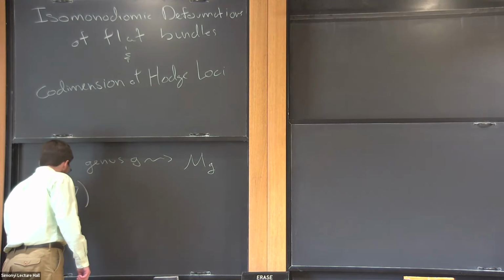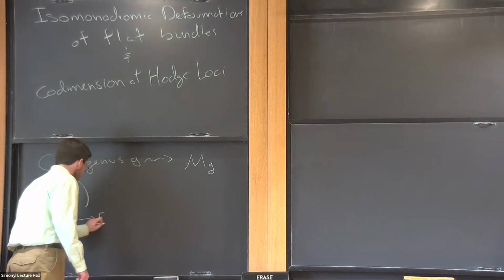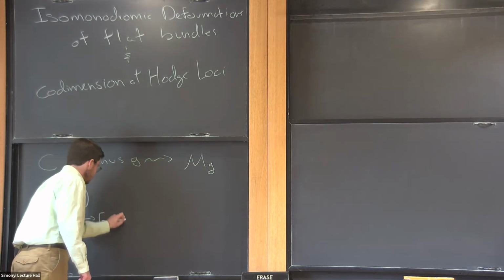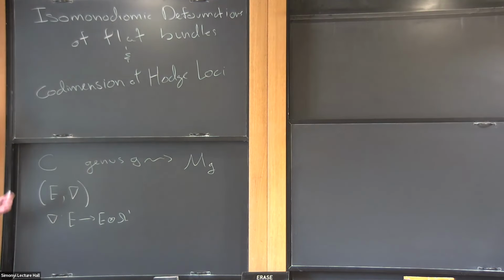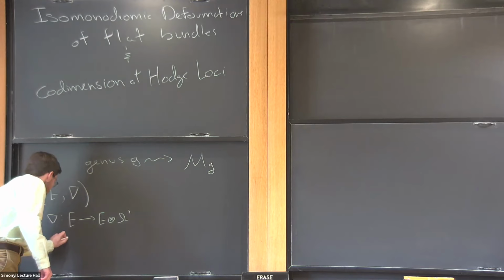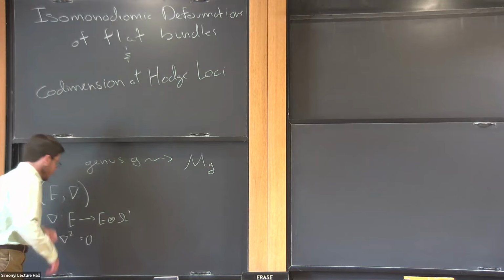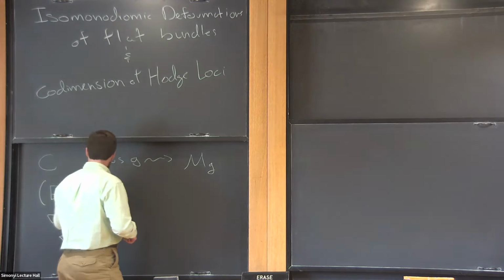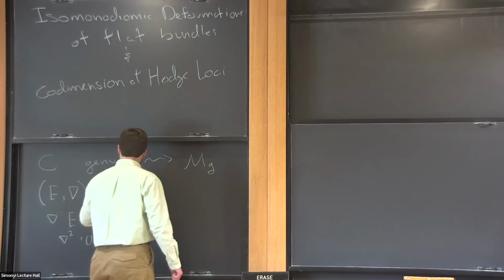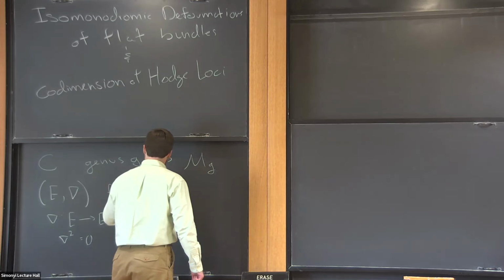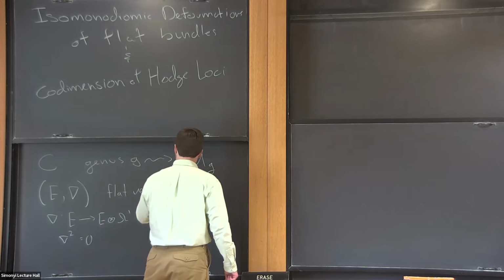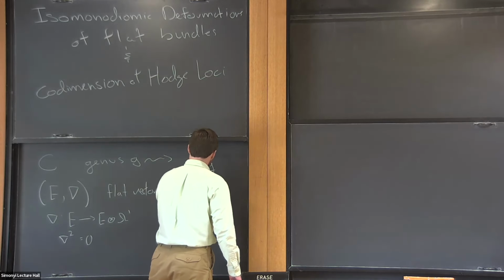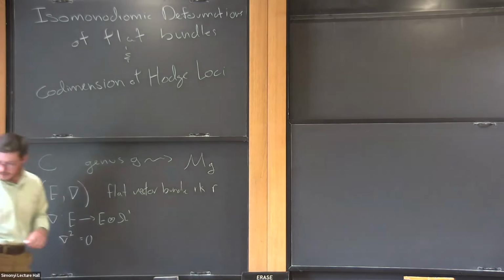That's a map from E to one-forms with values in E, satisfying this flatness condition, where it's 0, and there's a Leibniz rule for how you actually write out what this does. So I can look at a flat vector bundle of rank r, let's say.